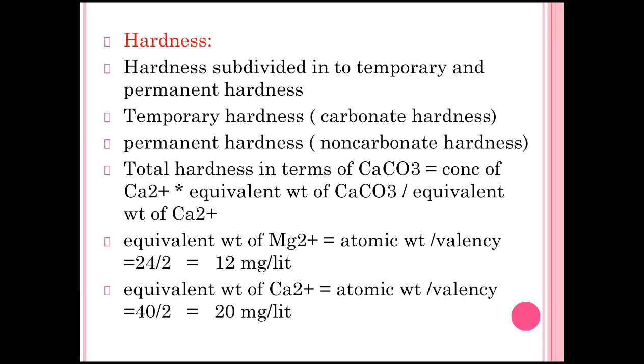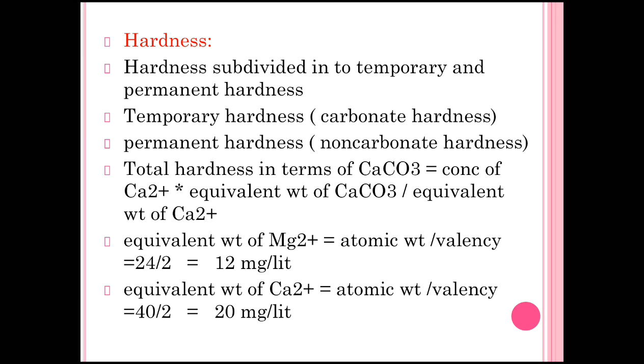Now total hardness is expressed in terms of calcium carbonate, meaning the concentration of Ca2+ multiplied by the equivalent weight of calcium carbonate divided by the equivalent weight of Ca2+. Now the equivalent weight of magnesium Mg2+ is equal to the atomic weight divided by valency.